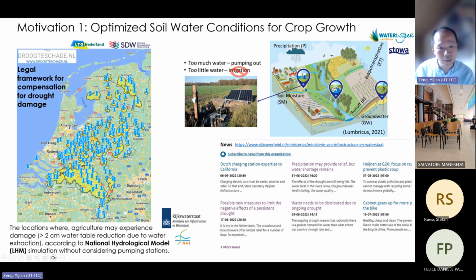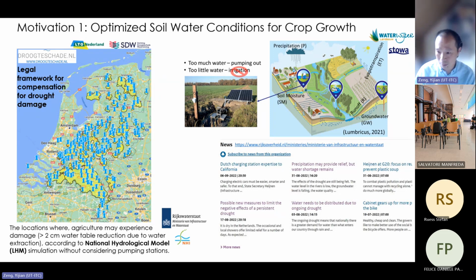And now it suddenly became very important to understand the accuracy of this model simulation. All the compensation for the drought damage is based on this National Hydrological Model simulation. Then you may ask, how accurately can this model represent the drought damage in my field?